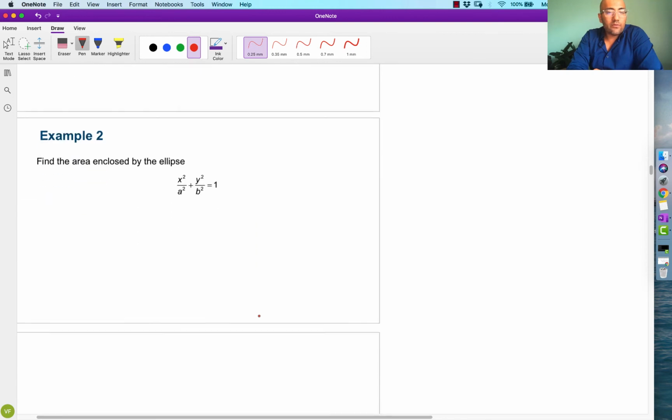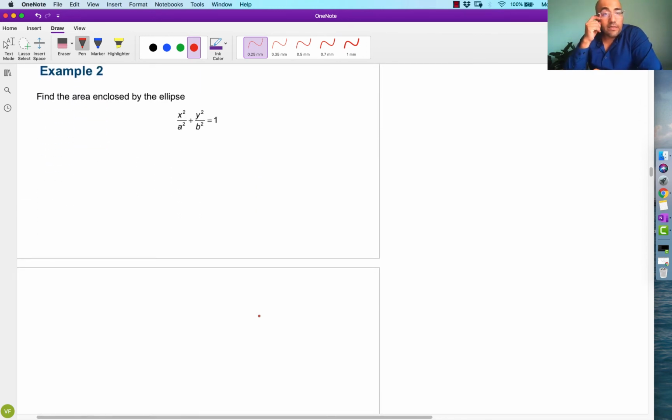All right, let's move on to another example. Find the area enclosed by the ellipse x squared over a squared plus y squared over b squared equals 1. Note that this is where the a and the b are constants.